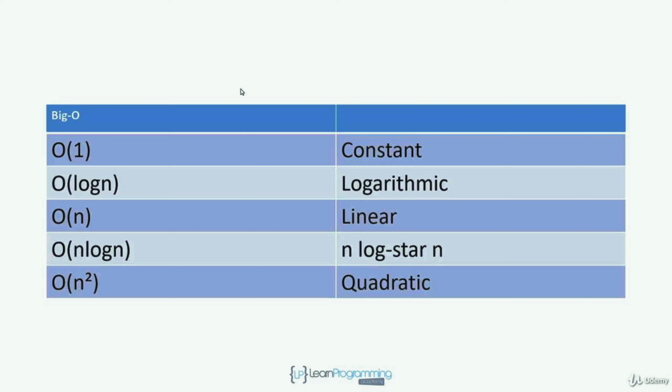You'll see that when we look at sort algorithms, the first few we look at will actually be quadratic. The order in the table is from best to worst. So if you can use a constant time algorithm, that's way better than a quadratic time algorithm.